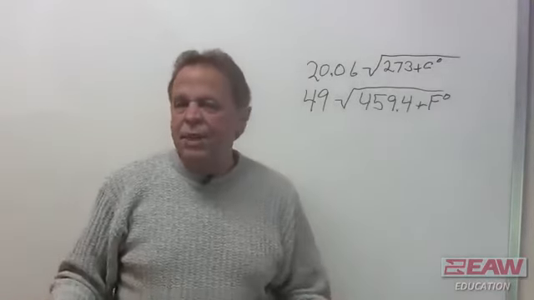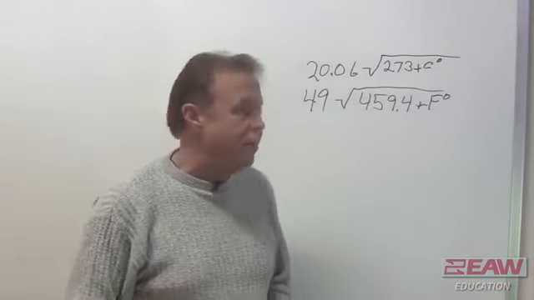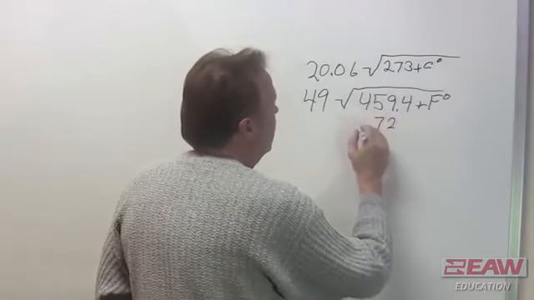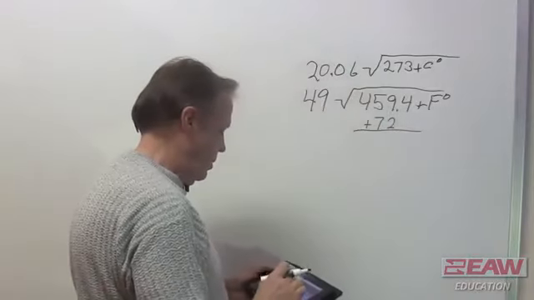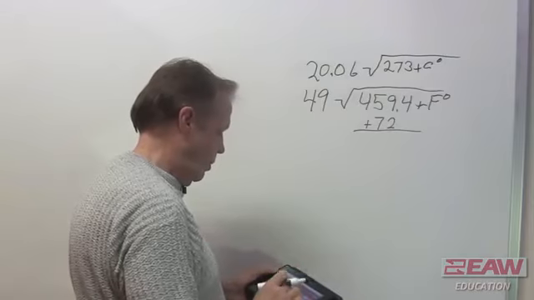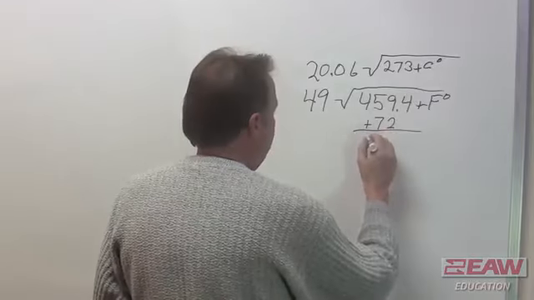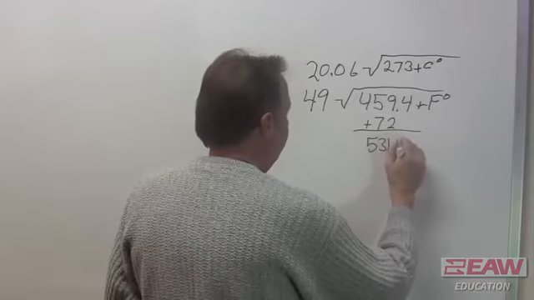Now let's see what the speed of sound is here today. Here in my office it's about 72 degrees Fahrenheit. So we add 72 to our constant, 459.4 plus 72, and we get 531.4.